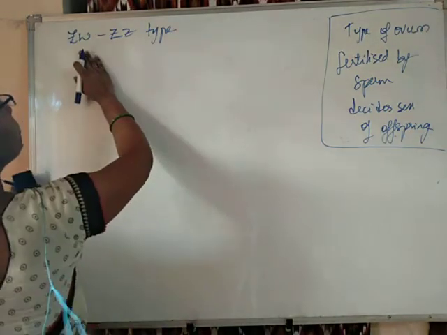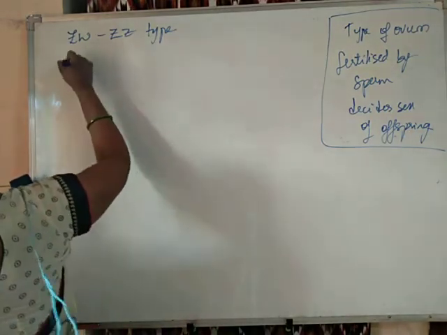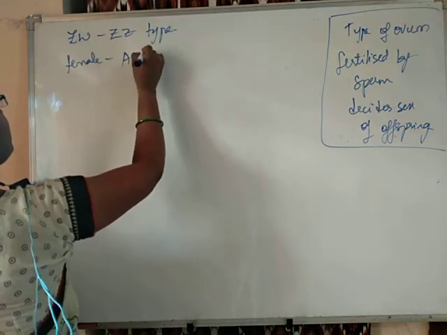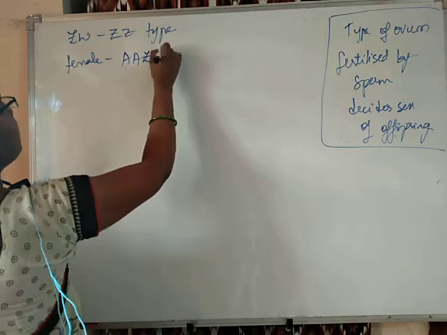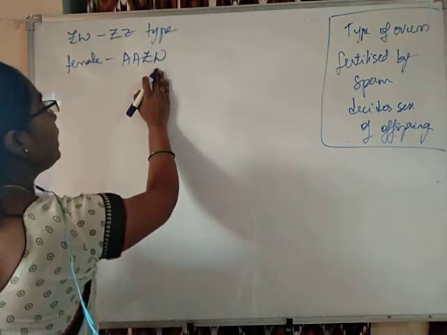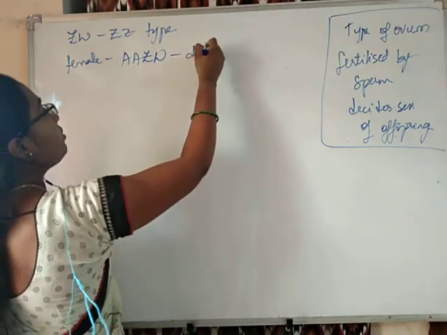In ZW-ZZ type of sex determination, the female individual's karyotype will be AAZW. Okay, here the female individuals are heterogametic, so they produce dissimilar gametes.